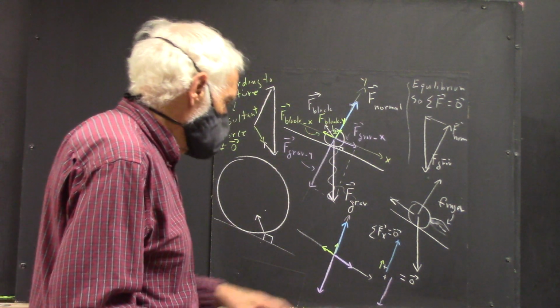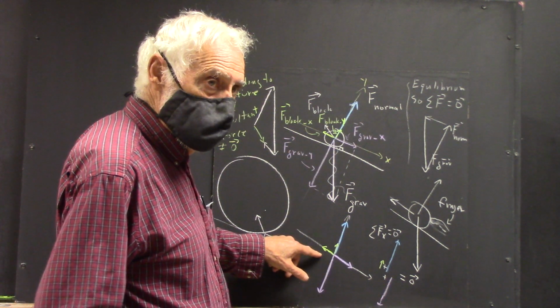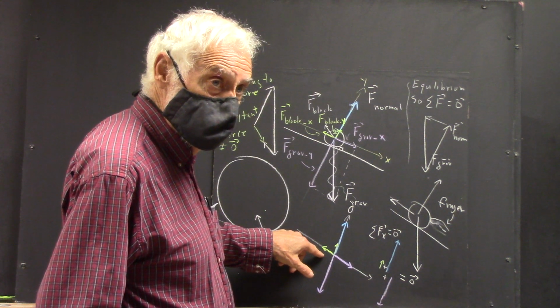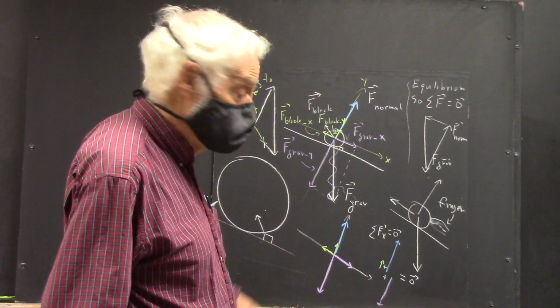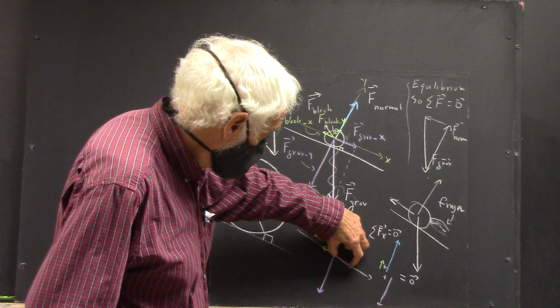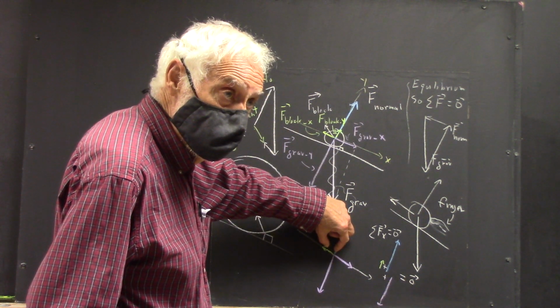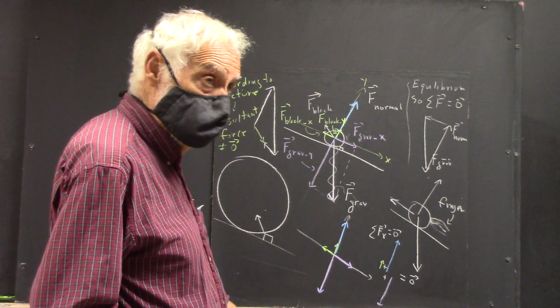Okay. Similarly, these y forces have to be equal to zero, okay? And they have to add up to zero. Now they don't, the way I drew it, this force is much bigger than this one, right?